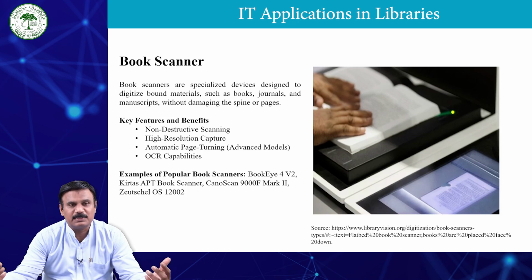Book scanners are specialized devices designed to digitize bound materials such as books, bound journals, and manuscripts without damaging the spine or pages. It is very useful for books or rare materials which may be damaged if handled in other ways.